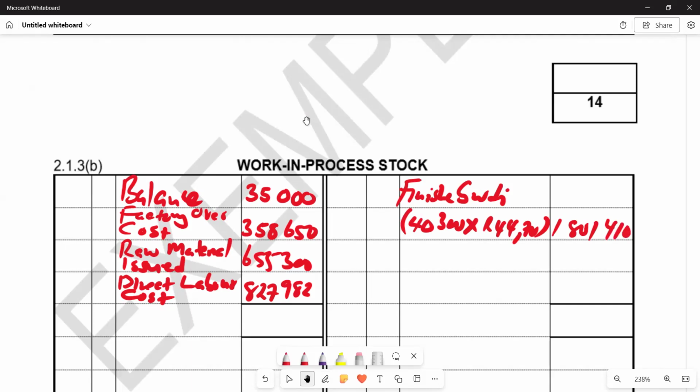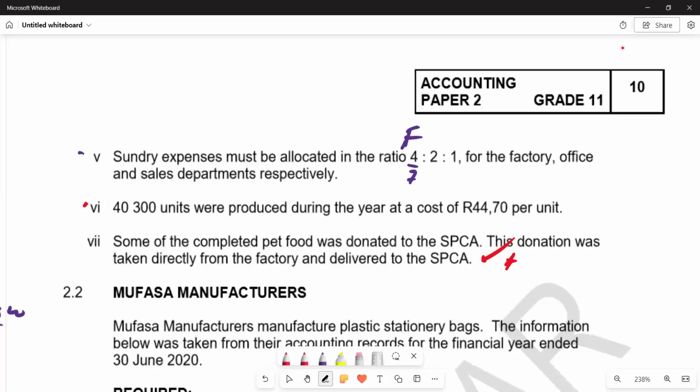And then we can also try to see if we have got any other entry that we have omitted that we need to put again on the credit side. So having this now, we can go to item 7.